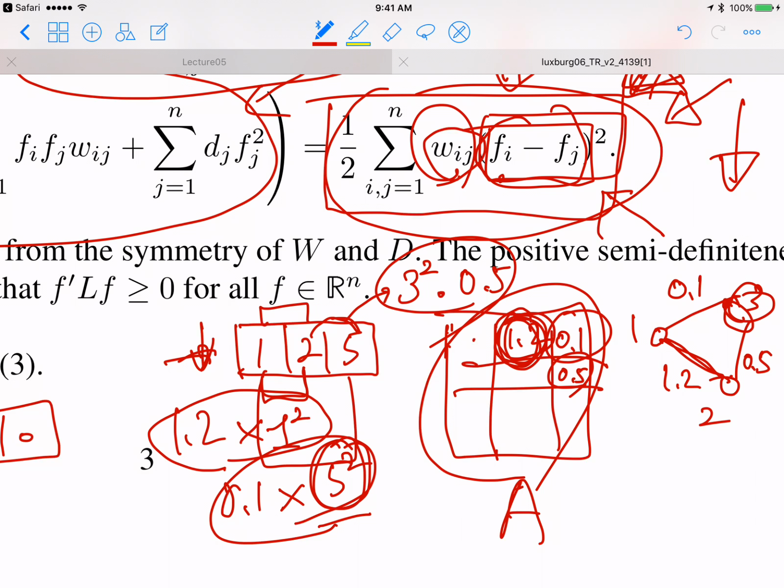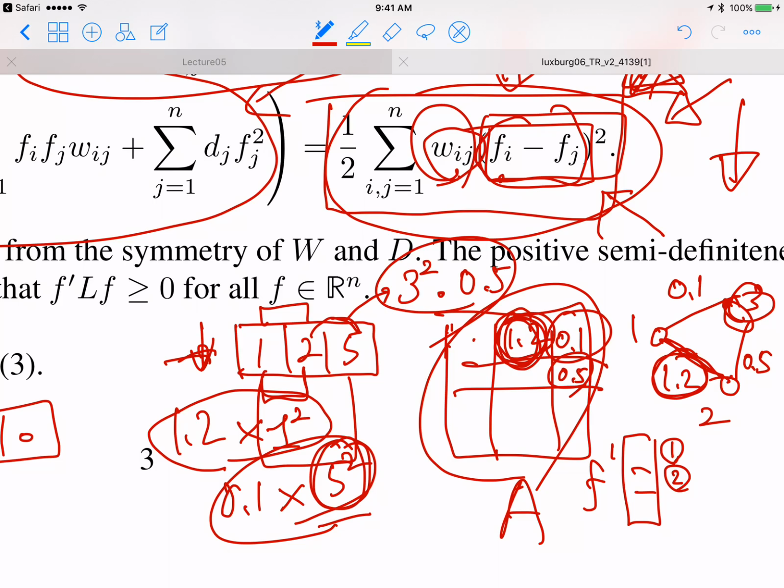We consider the 3-dimensional vector f, and for the two nodes that have a strong edge, 1 and 2, the difference between the first and second dimensions should be really small.